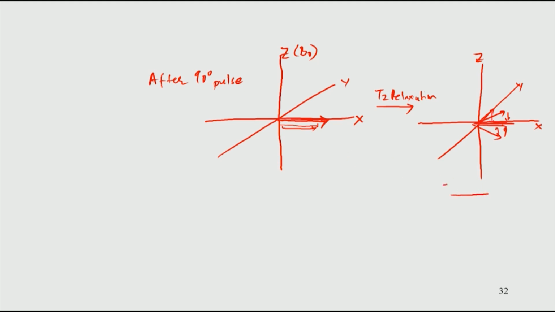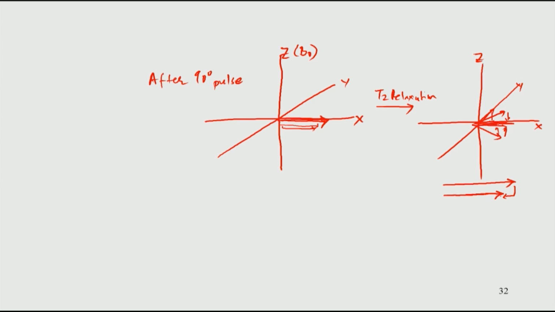So, if the initial magnetization is this much, after some time the magnetization has become this much. This is because it has reduced because of T2 relaxation. This is a reduction happening because the spins are now moving away in all directions in this xy plane, and because of this movement the vector addition of the spins is now reduced.